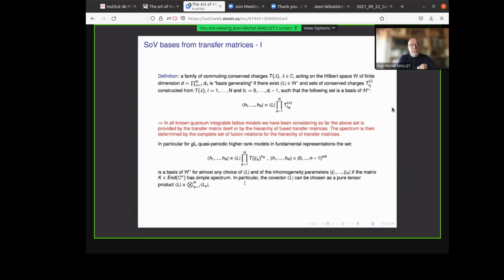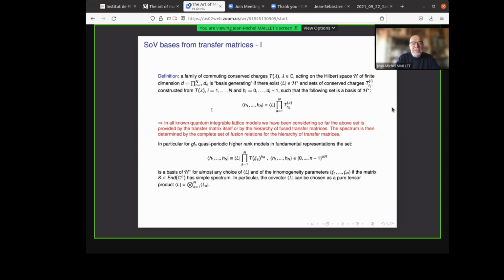So let me just show how this basis can be constructed from transfer matrices. First of all, let me define what I call a basis generating family of conserved charges T(lambda). Suppose you have such a family such that there exists a covector L in H star, and some set of conserved charges T_{h_a}, which are constructed from your family T(lambda) in some way.